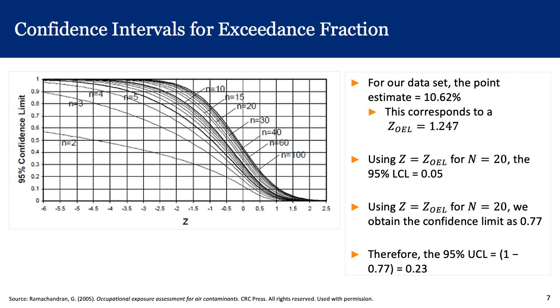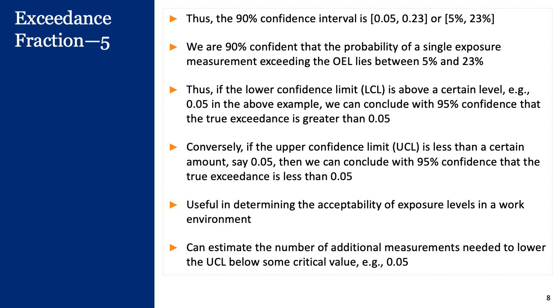And so the 95th percentile upper confidence limit is 1 minus 0.77, or 0.23. Therefore, the 90% confidence interval is between 0.05 and 0.23, or 5% and 23%.